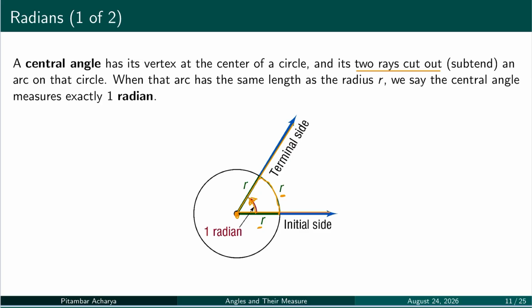So we can say that our central angle is a positive angle whose vertex is at the center of a circle. The rays of the central angle subtend an arc on the circle. Keep in mind that the radius of the circle should be equal to the arc length subtended by the central angle. If these two are equal, then we call this angle 1 radian.